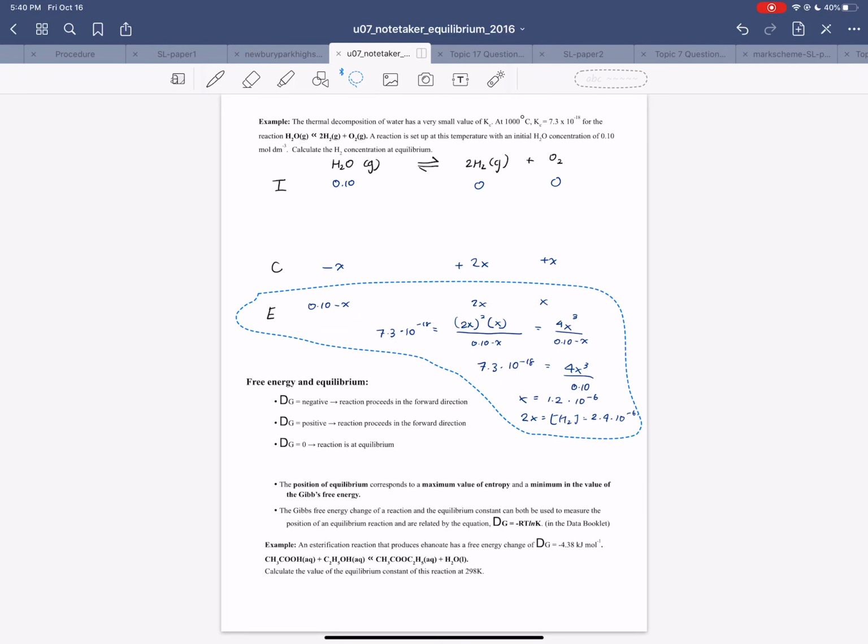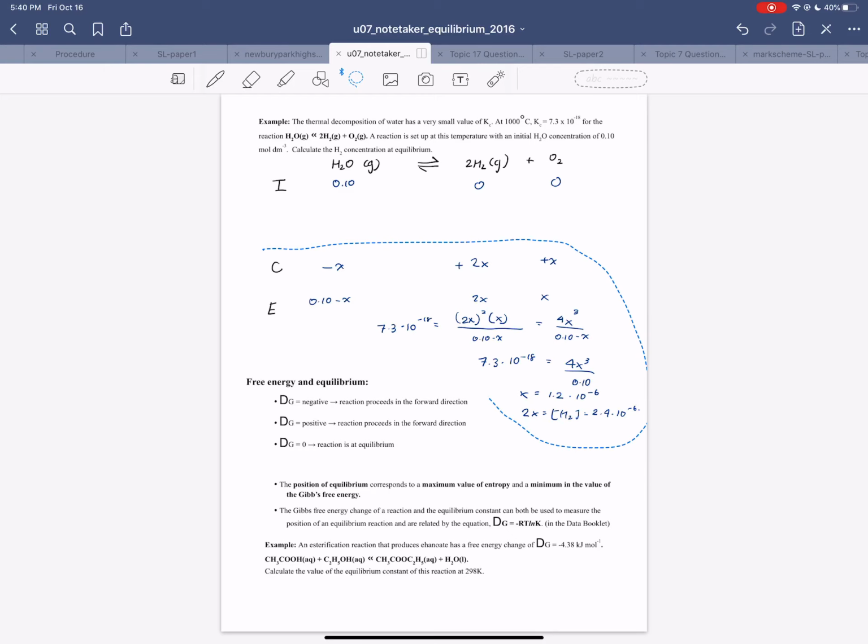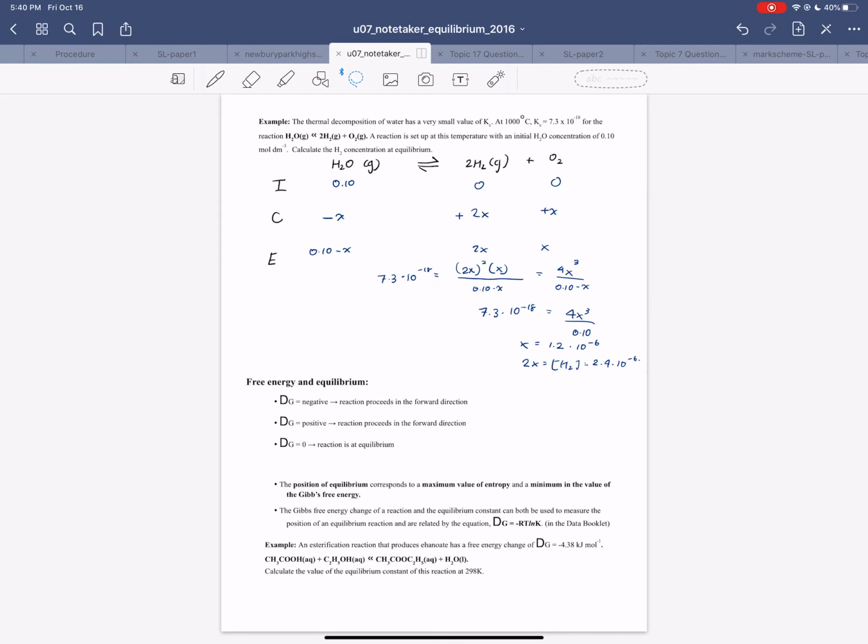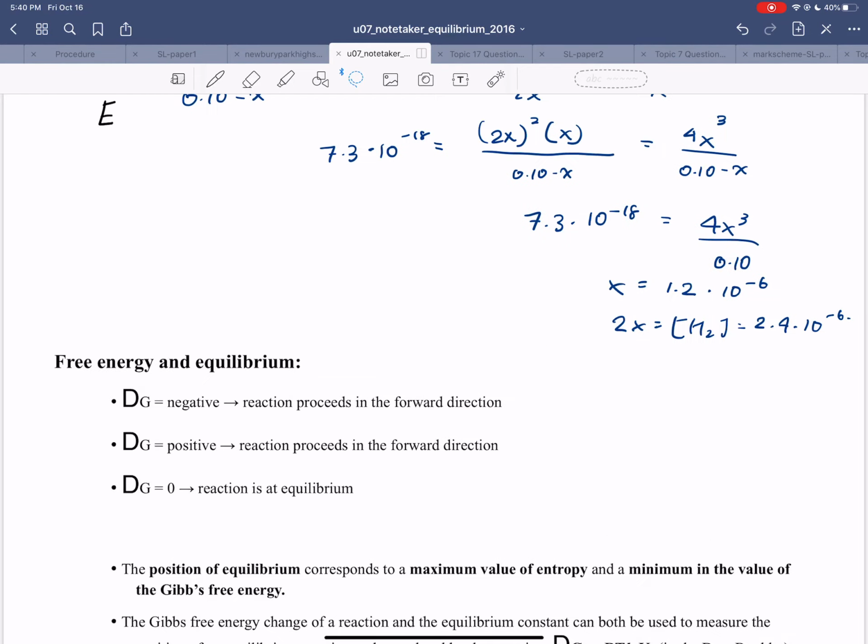Let's do Gibbs free energy for the last one. Okay, let's see what it says here. So when delta G is negative, maybe we should first talk about what G is. G is Gibbs free energy, and Gibbs free energy is a measure of the amount of usable energy in a closed system, which can be harnessed or used.